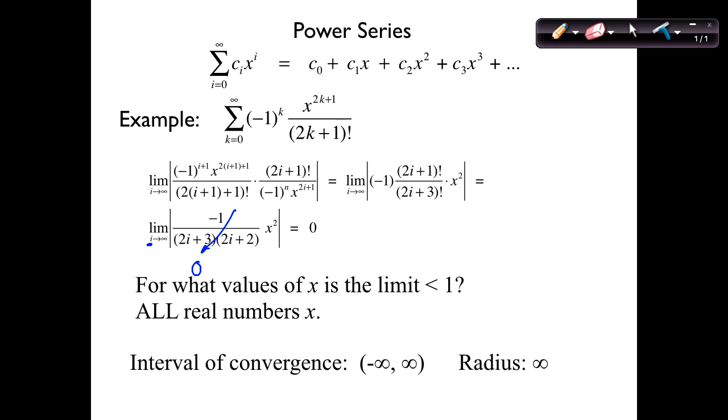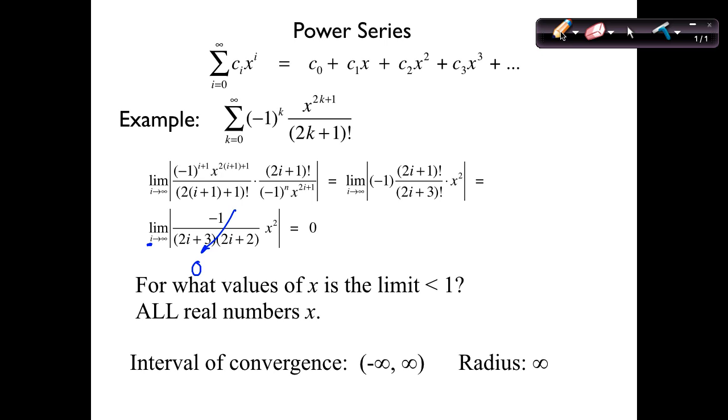Questions on this example? So what it's saying is, for all x values, if we were to graph the partial sums and start looking at the higher and higher order partial sums, it would converge for every x, right? It would converge onto something for every x.